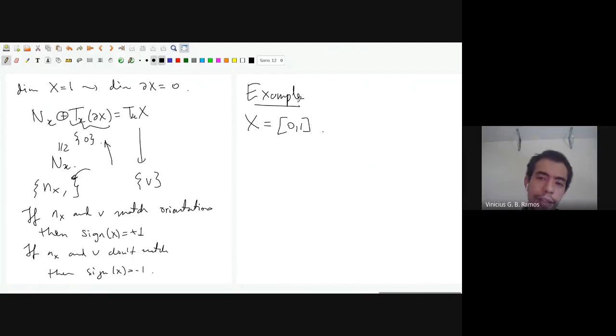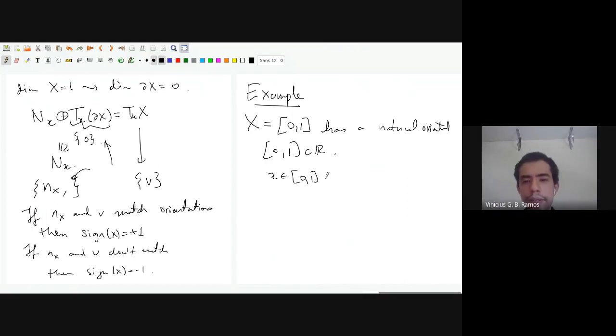Now [0, 1] has a natural orientation, again, as a subset of R. So given a point x in [0, 1], I can just think of d/dt at the point x, the tangent space to [0, 1], which you can think of as R. So if this is your interval, oops, drawing something straight is a little hard.